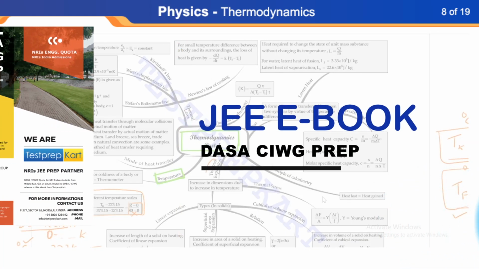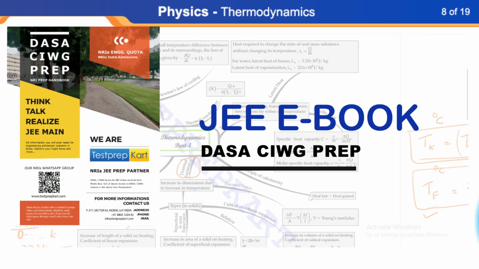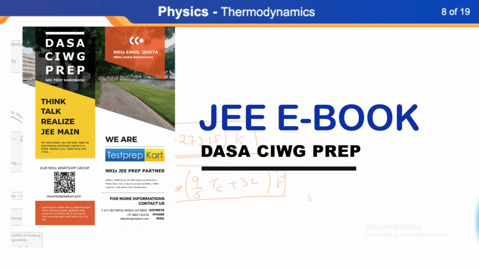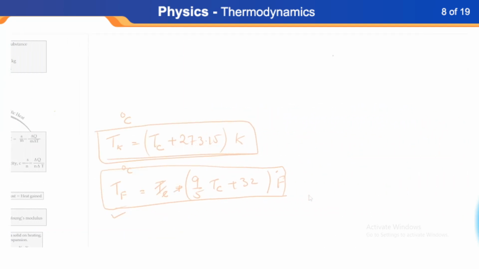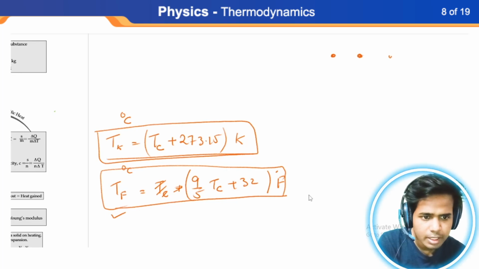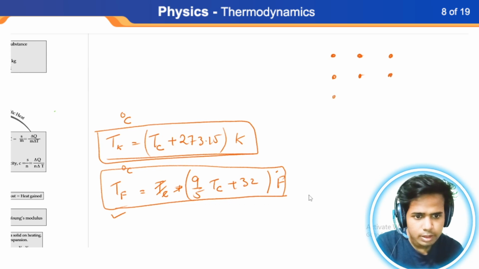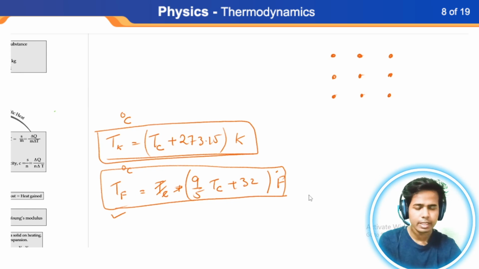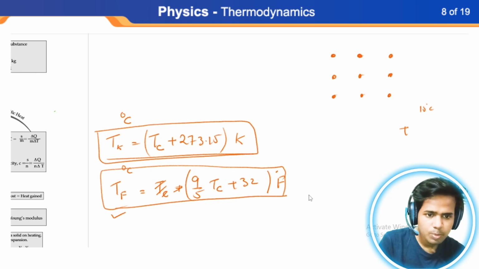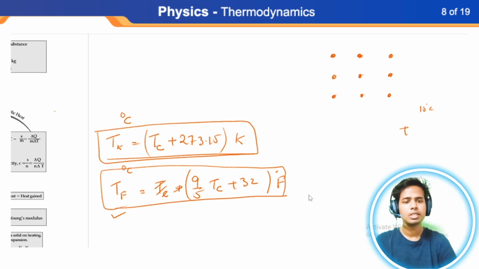Now coming to thermal expansion. First of all, let's discuss the theory part a little bit. Let's say there is this material in which we zoomed in, and we got atoms. Now, due to it having some temperature, maybe 10 degrees Celsius or whatever, all these particles must have some kinetic energy in the form of vibrational kinetic energy.